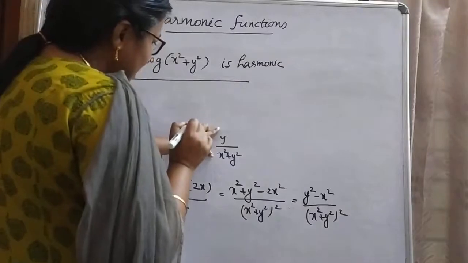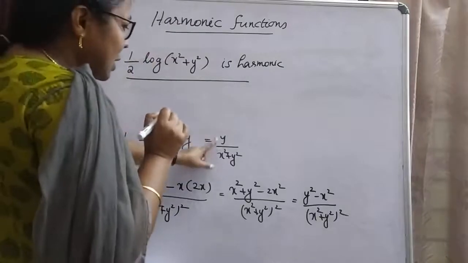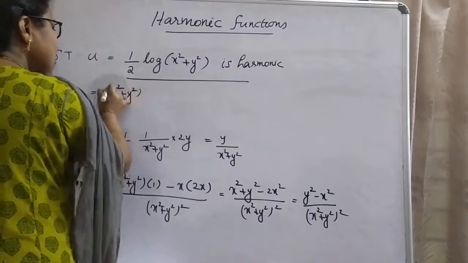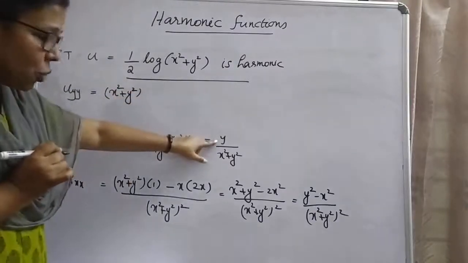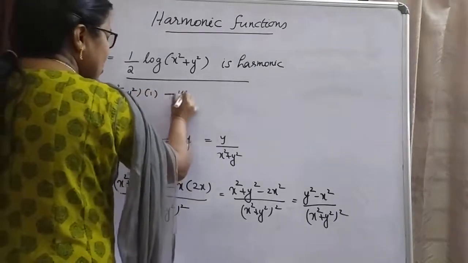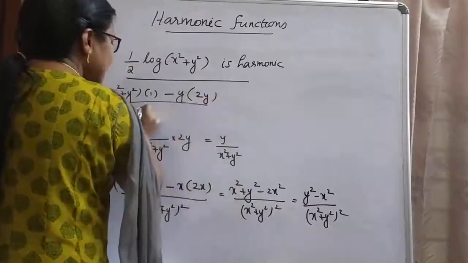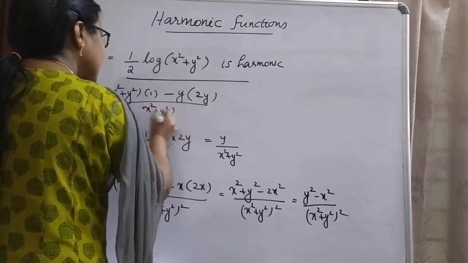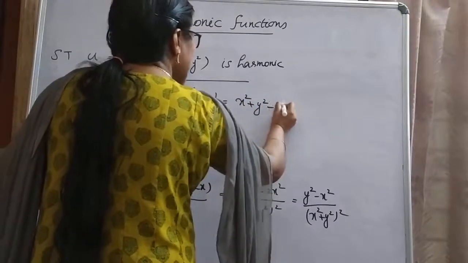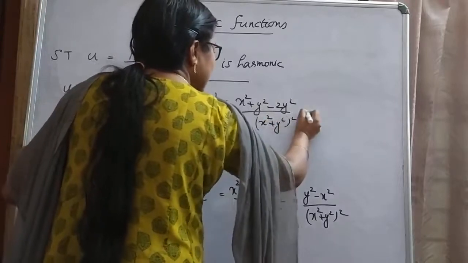Here with respect to y, we need the quotient rule, which is denominator x square plus y square into derivative of numerator with respect to y, which is 1, minus numerator y into derivative of denominator with respect to y, which is 2y, by denominator square, which is equal to x square plus y square minus 2y square by x square plus y square the whole square.